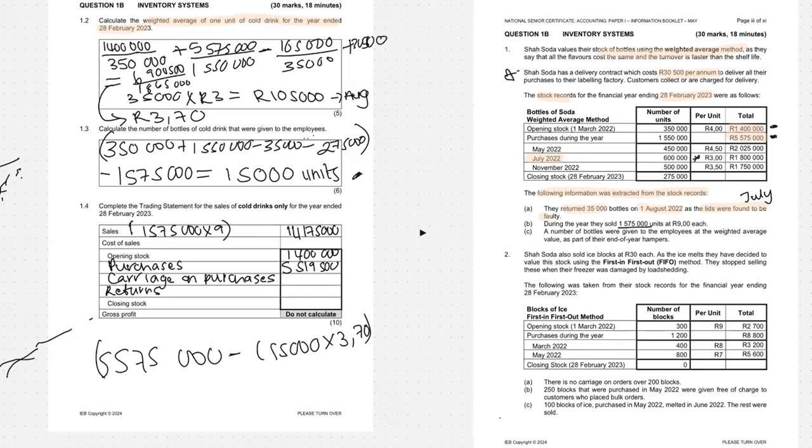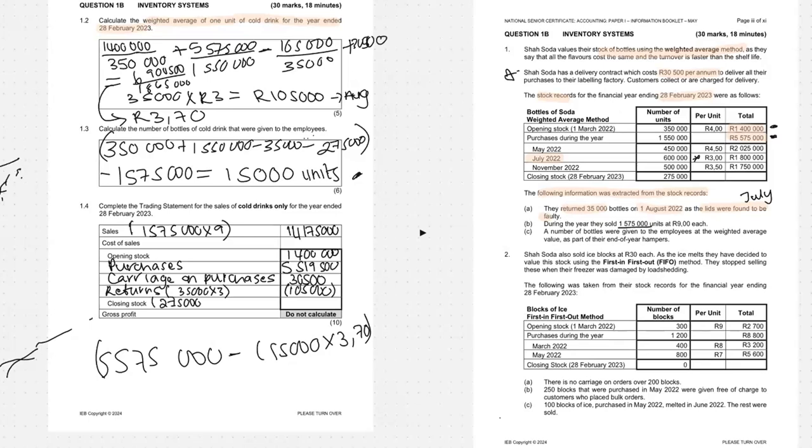Then returns, we calculated our returns as the 105,000, which is 35,000 times 3. That was in the first question. And we are minusing those. So you need to show that either by putting brackets or a minus in front of your amount. Then closing stock, same thing. We're using the weighted average method, meaning we're going to take the units, which is 275,000, and multiply that by the weighted average per unit, which is 3 Rand 70.